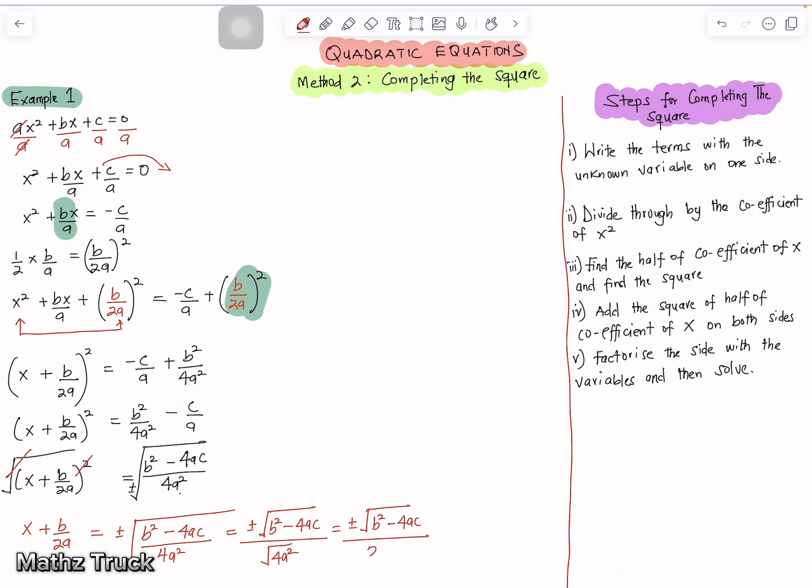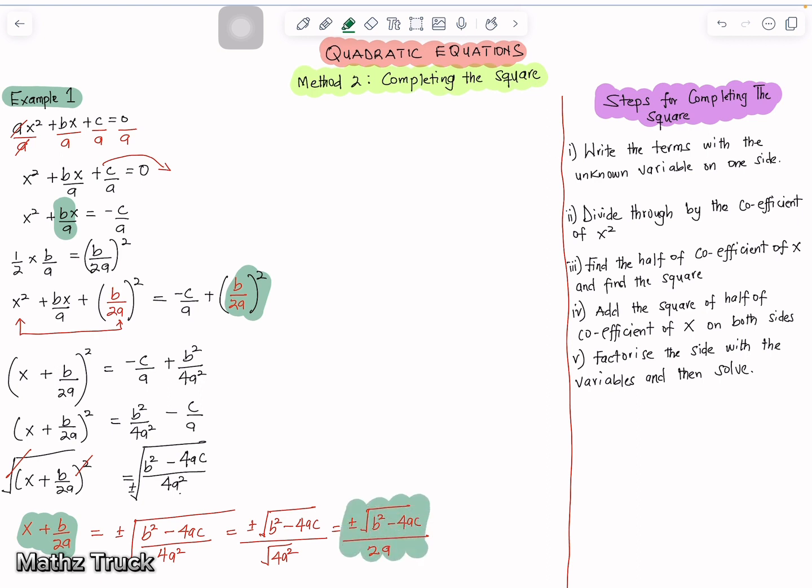So that will give us 2a. So our final expression is going to be x plus b over 2a equals plus or minus the square root of b squared minus 4ac over 2a. That is the expression for the final answer.